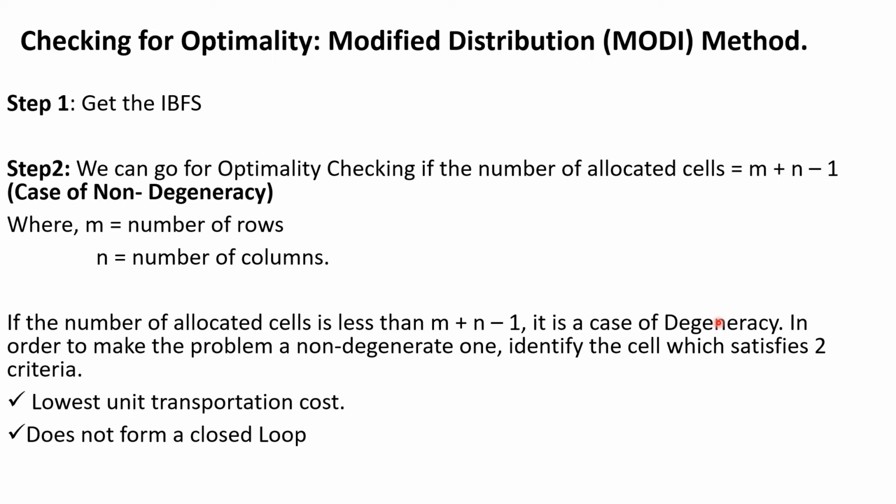We are going to discuss a degenerate solution in some other video, right? So let's discuss today how to apply the MODI technique when the initial basic feasible solution is non-degenerate. Non-degenerate, I repeat, means that the number of allocated cells equals m plus n minus 1.